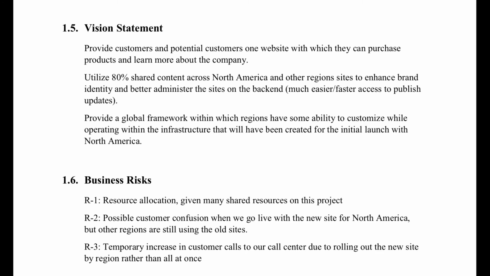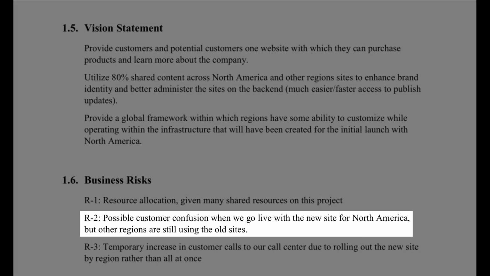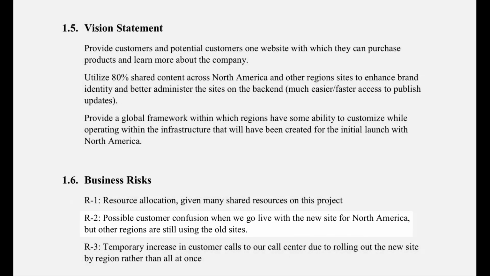Risk number 2 is possible customer confusion when we go live with the new site for North America, but other regions are still using the old sites. So what we're saying here is that if we have customers that maybe look at not just the North America site, but they also look at and do purchases from our other regions, they would on day 1 of the launch go look at the North America site and see that there's now only one website.